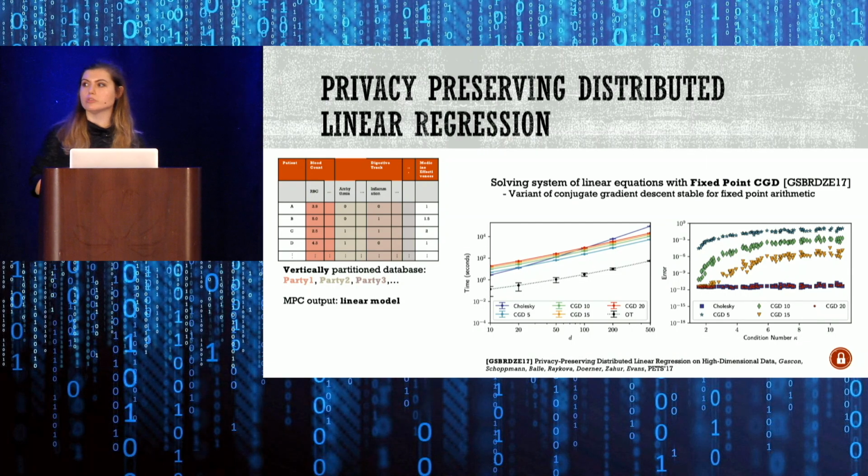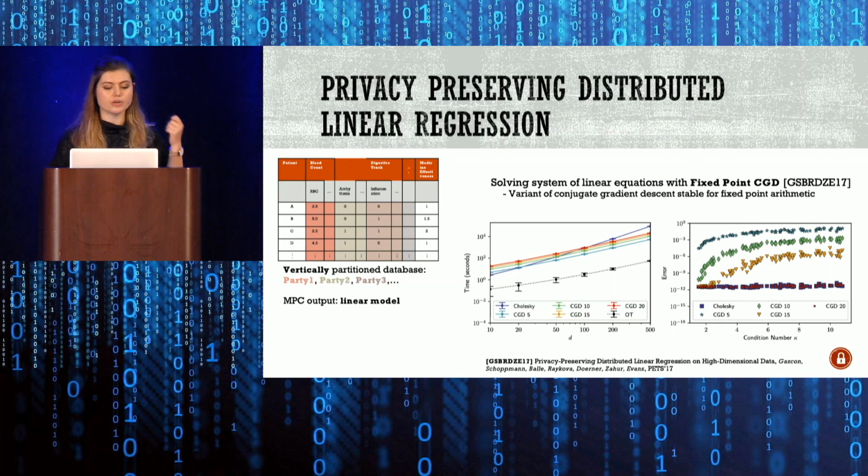So we considered multiple ways to solve these systems of linear equations in secure computation, and we found out that an approach based on conjugate gradient descent that allows us to really trade off accuracy and efficiency seemed to be the best performing. And for this purpose, we also needed to come up with a variant of this algorithm that works well with fixed point arithmetic.